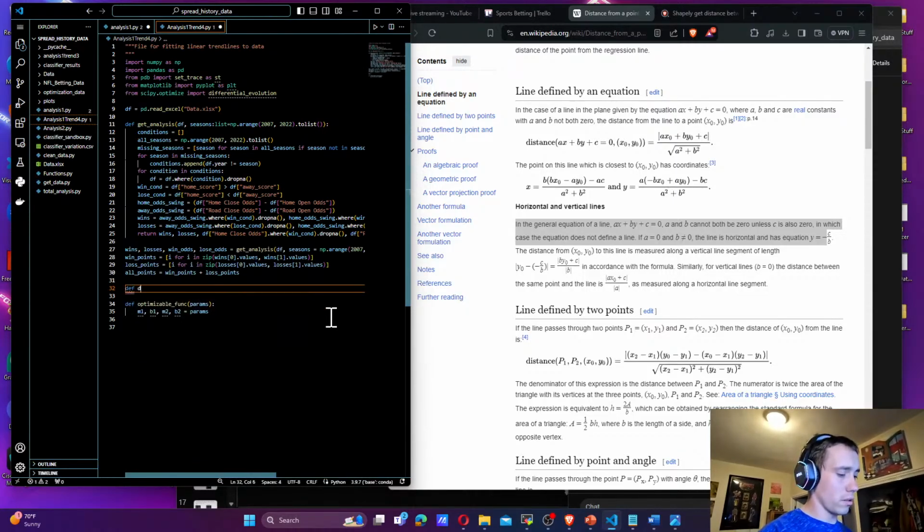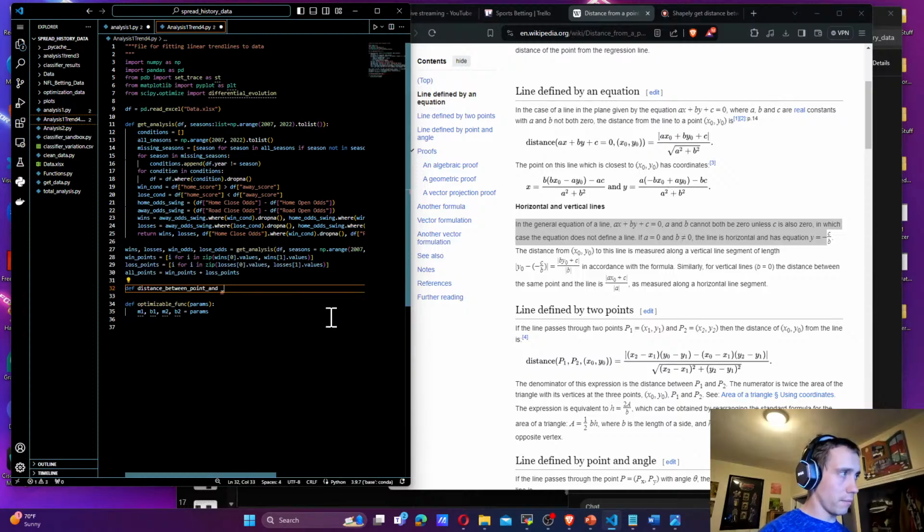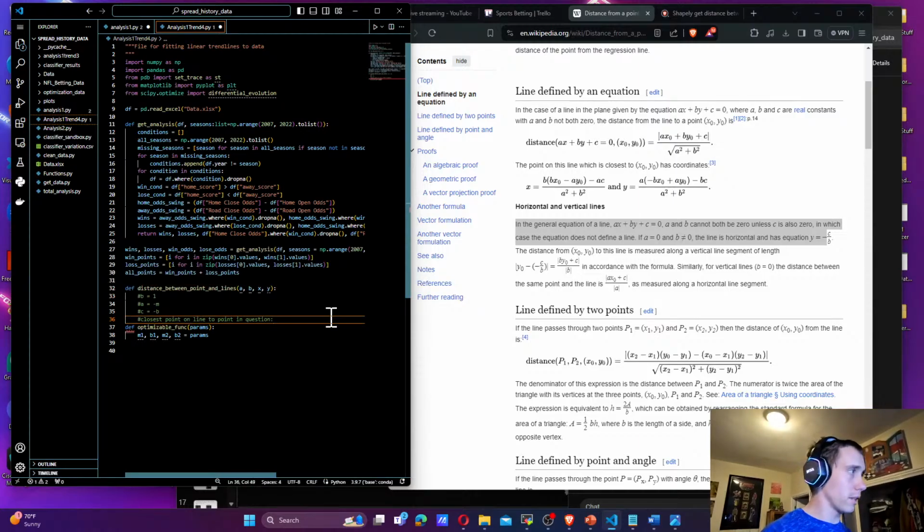Define distance between point and line. Okay. So we want A for the line, B, and X and Y. Okay, now paste all that stuff in.